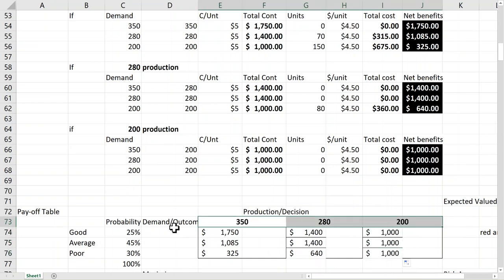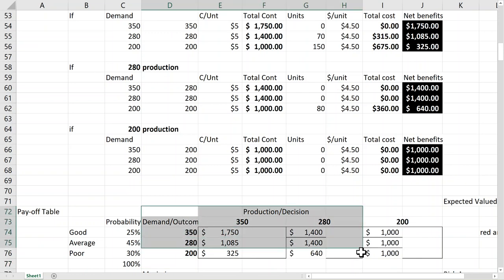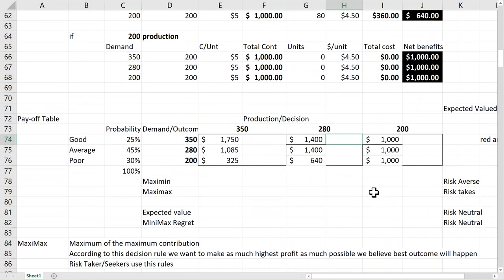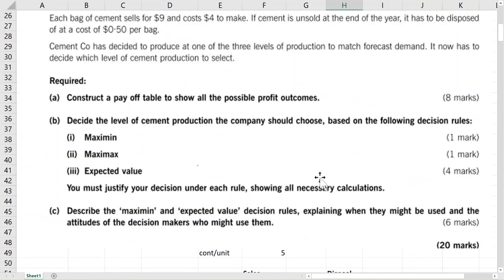So decision and outcome. So this is called a payoff table. Putting the decisions and the outcomes and the contribution relating to that is a payoff table. So one thing is done, construct the payoff table.